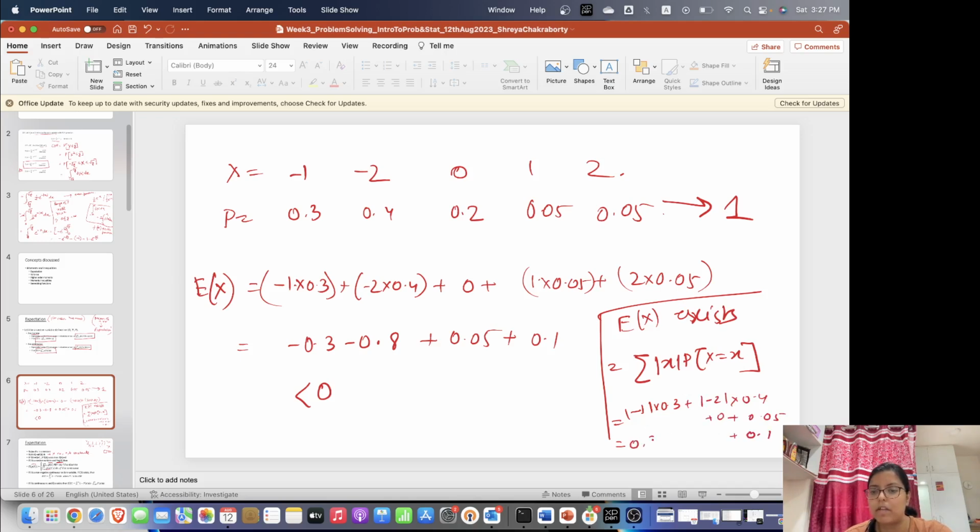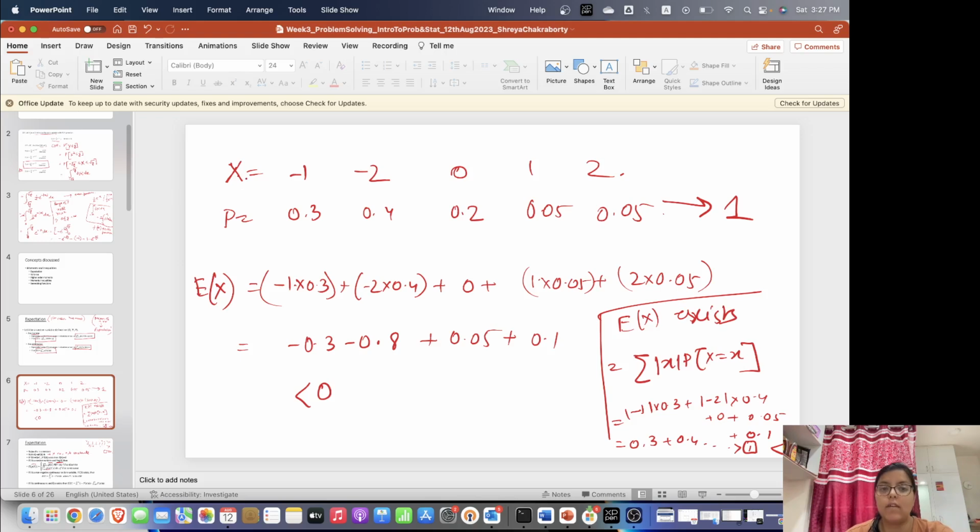This will be some finite quantity, less than infinity. So depending on your random variable, expectation can be positive, it can be negative.